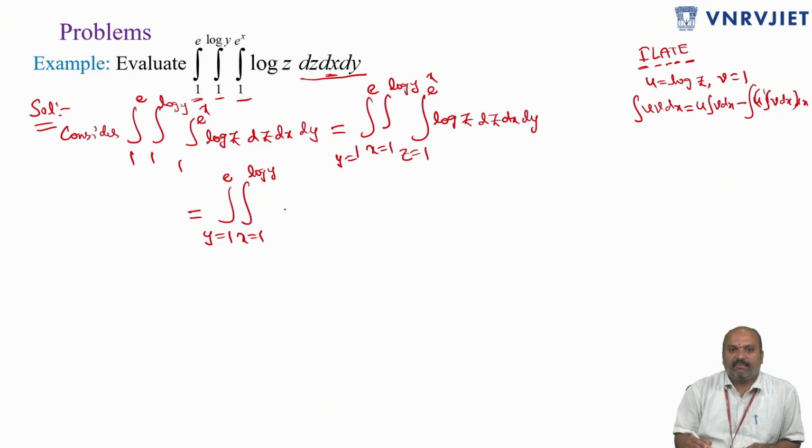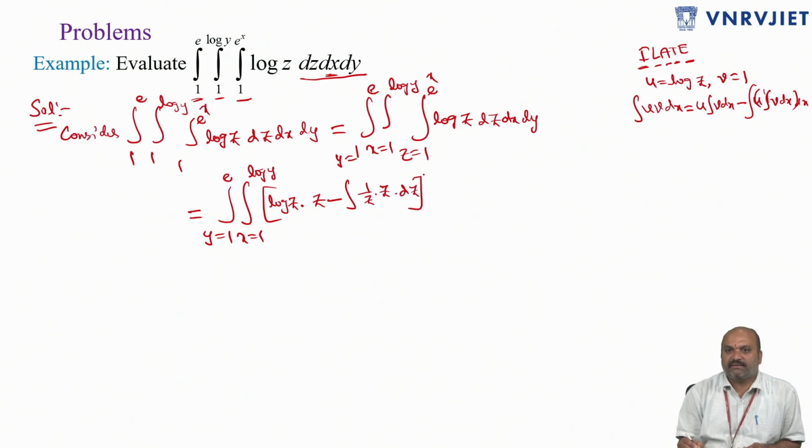Okay. So now first log z, which is as it is, into integral v dx is 1 dz. So z it is, minus integral u dash, means log z derivative, it is 1 by z, integral 1 dz, which is z into dz.